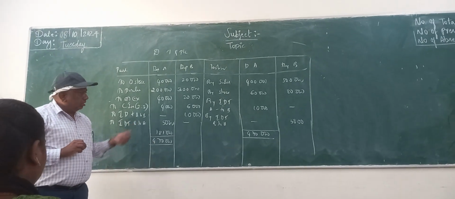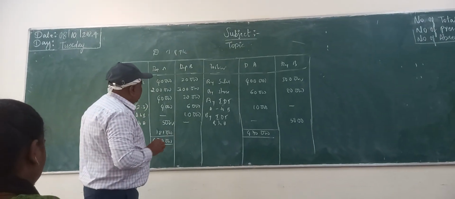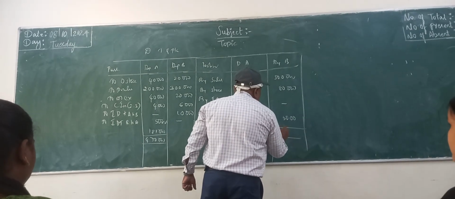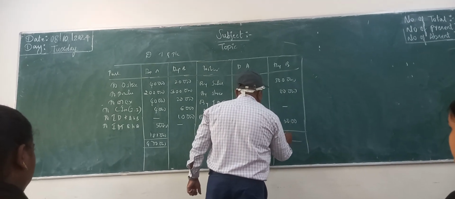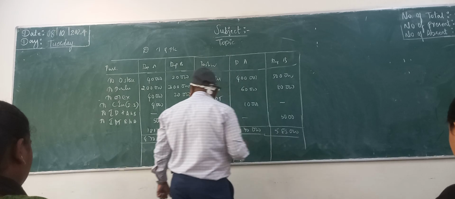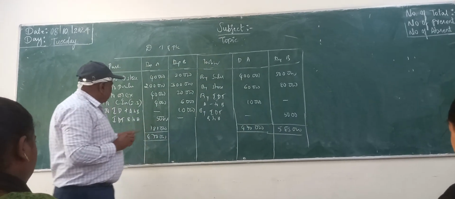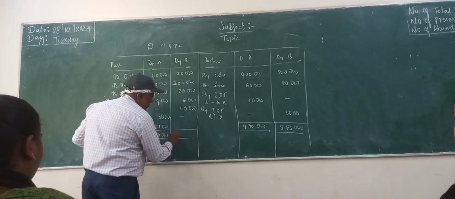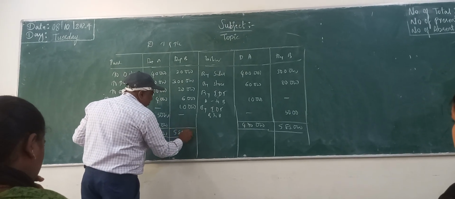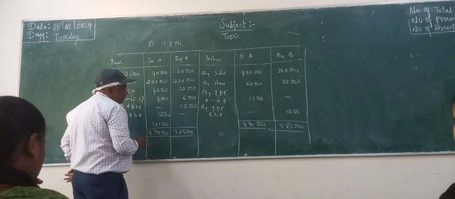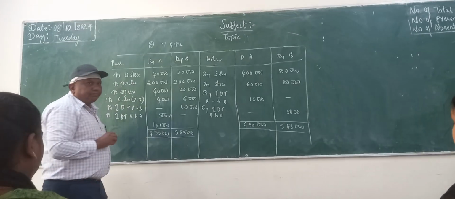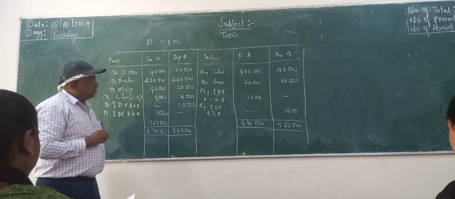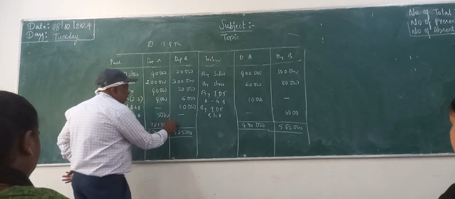Now department B, this side is more, right? 5 lakh 85,000. Subtract this. 2,38,000. 2 lakh 38,000.